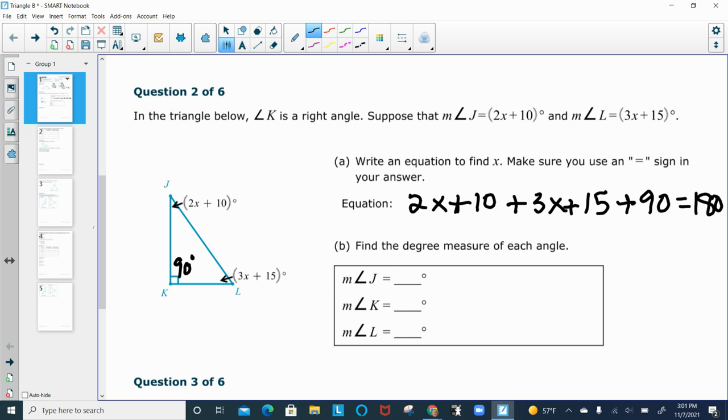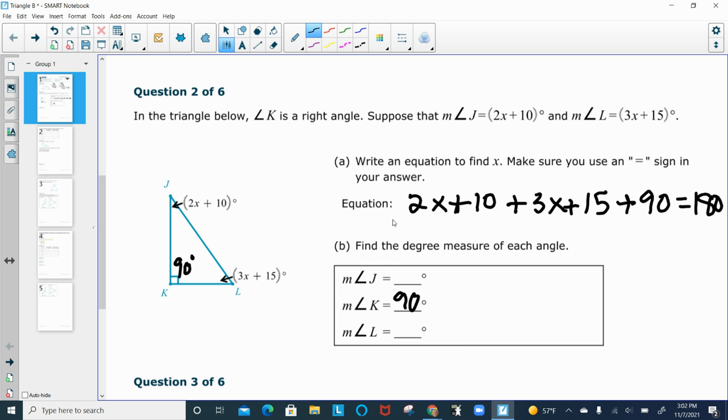And then it doesn't actually ask you to solve the equation, but it does say find the degree measure of each angle. Notice that with the exception of angle K, which is 90, we can already go ahead and do that one. In order to find angle J, we need to know x, and in order to find angle L, we need to know x.